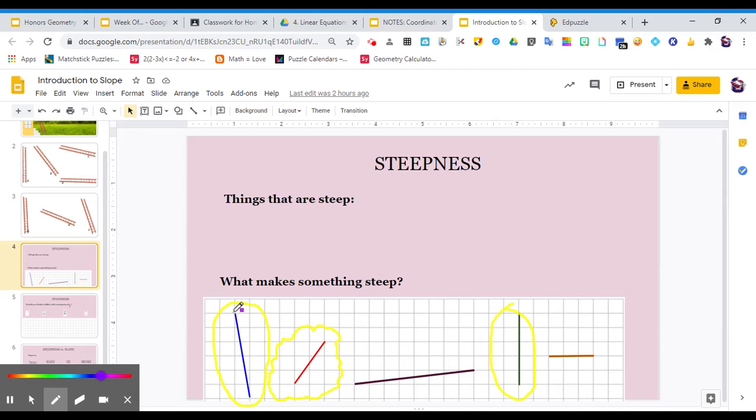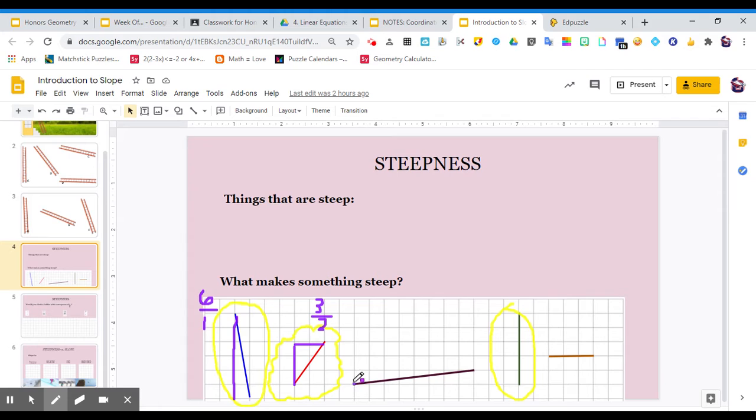All right, so steepness: we asked, how tall is it? This one was 6 units tall, and it was 1 unit over. This one, 3 units tall, and 2 units over.